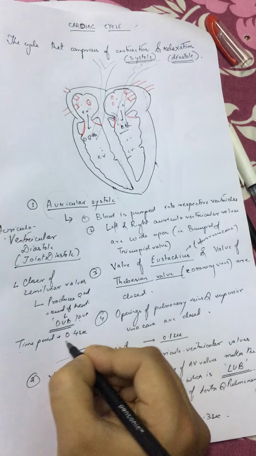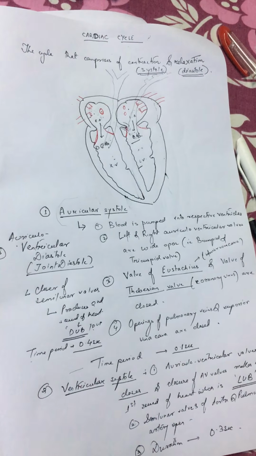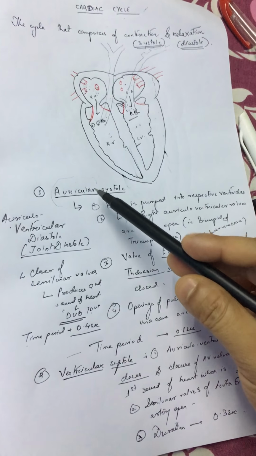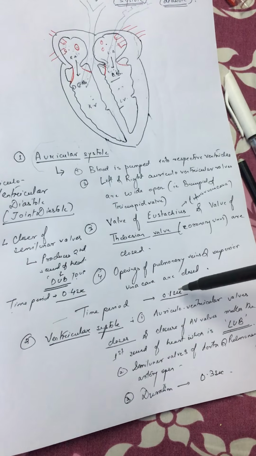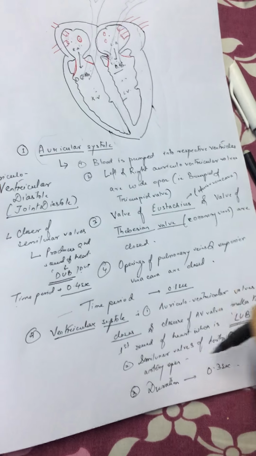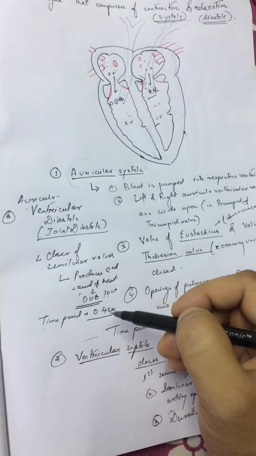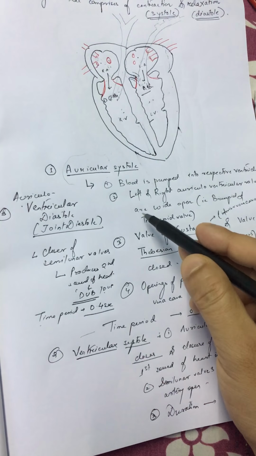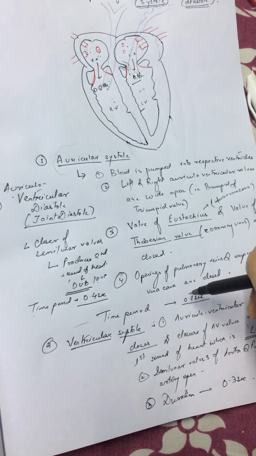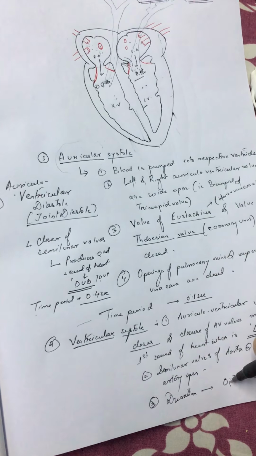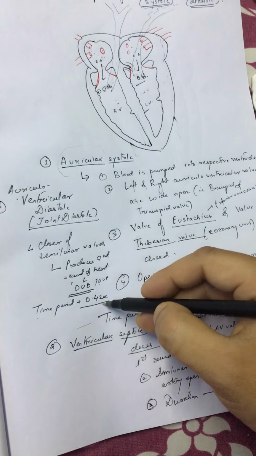0.4 second. So if I calculate the entire cardiac cycle phases, the auricular systole is 0.1 second, ventricular systole is 0.3 second, and joint diastole is 0.4 second. That means the contraction time period is 0.4 second and the relaxation time period is 0.4 second, right?